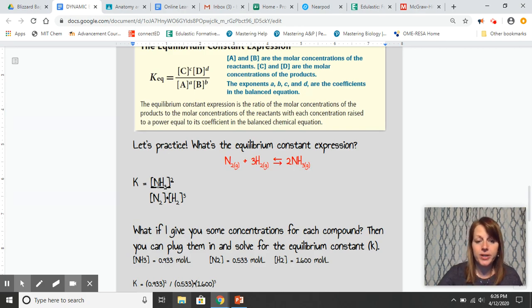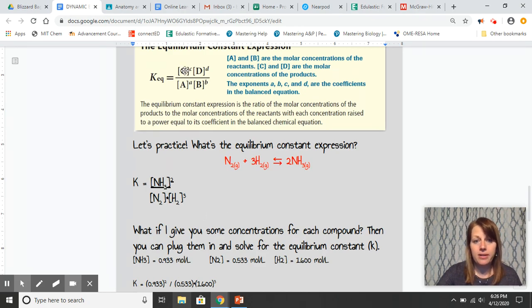Okay? So NH3 has to stay NH3. We can't just drop that 3 off somewhere. The bigger numbers, the coefficients, those are the ones that are going to become the exponents. Now here, I don't have an exponent on the N2 because it does not have a coefficient. It's a 1, invisible 1. Okay, so that's how we set that up.